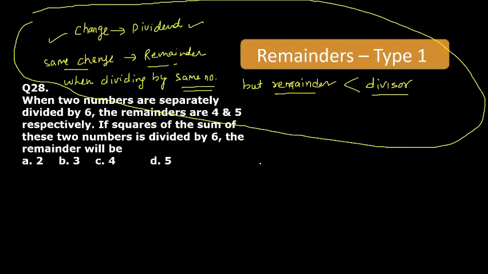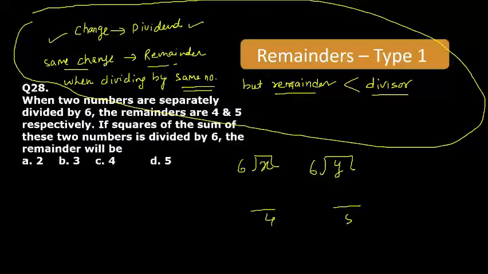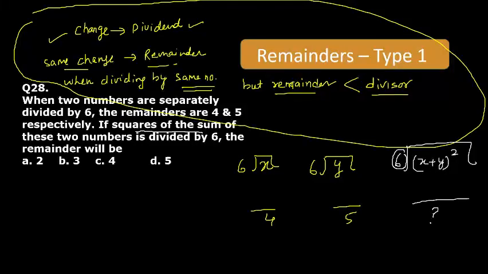So there are two different numbers, and when they are divided separately by 6, they leave remainders 4 and 5 respectively. What is my question? If the square of the sum of these two numbers is again divided by 6, what will be the new remainder?